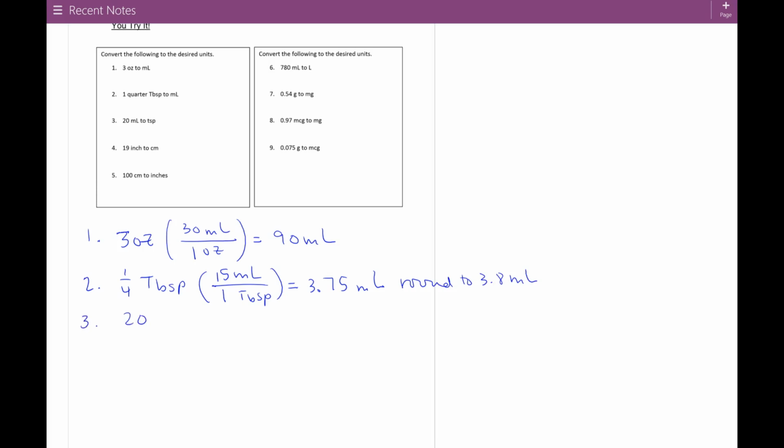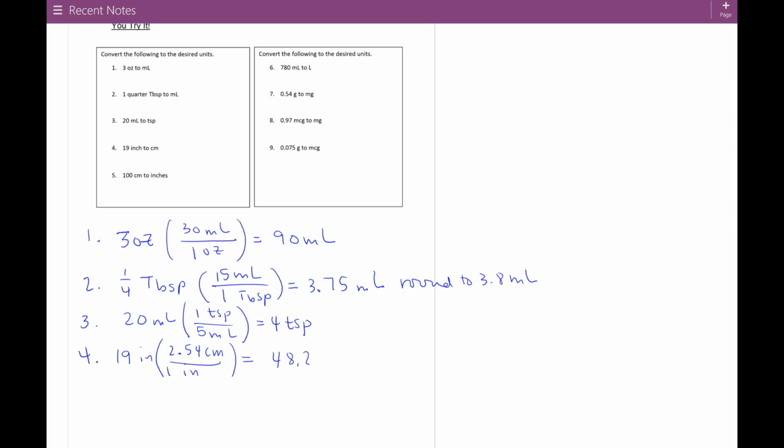Then number 3, 20 milliliters times 1 teaspoon for each 5 milliliters. So I end up with 4 teaspoons. Number 4, 19 inches. And there are 2.54 centimeters in an inch. If you look at a ruler that has both markings on it, you can see that.